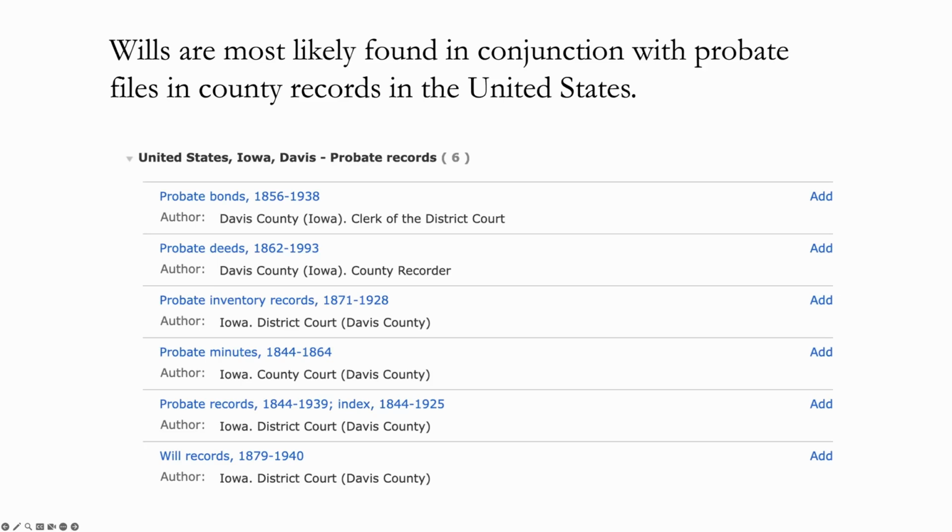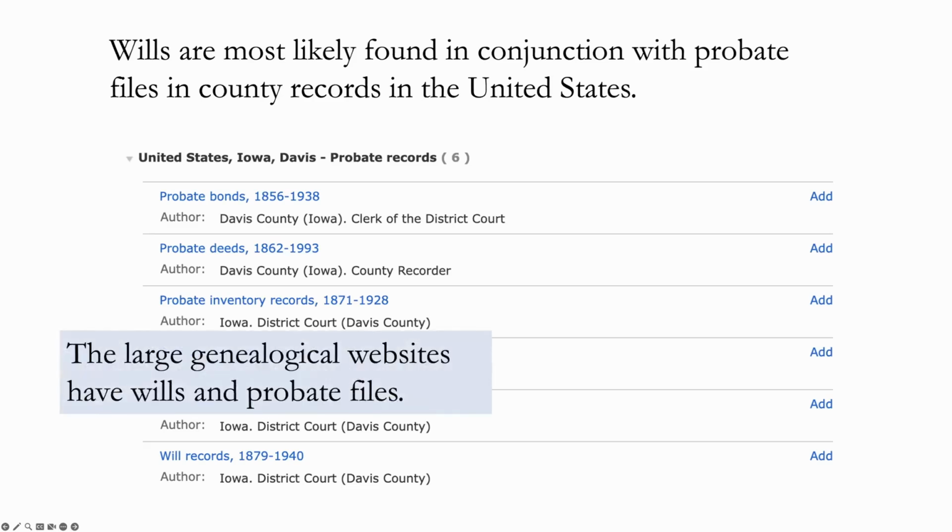Now, to get into the details of the probate and the value, all of the probate records have value for genealogical purposes because they deal with people, they deal with specific events, and they deal with usually specific items of property. And so they just are very, very helpful.